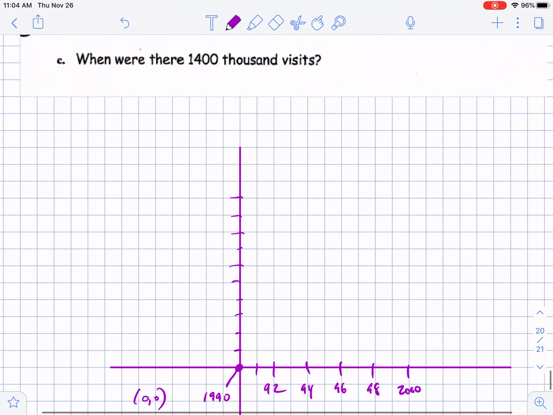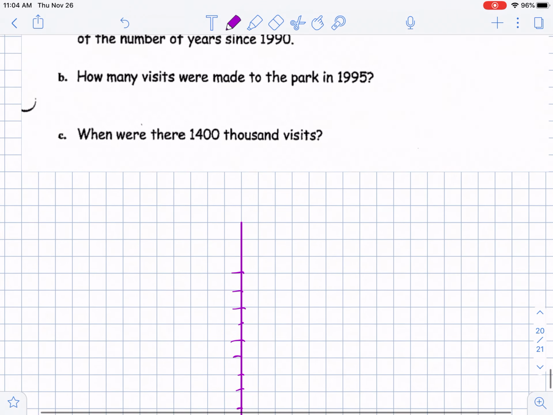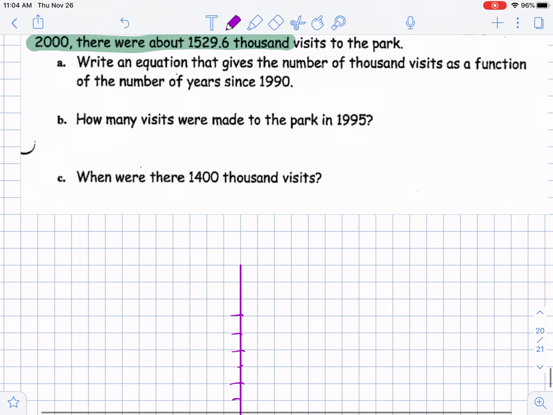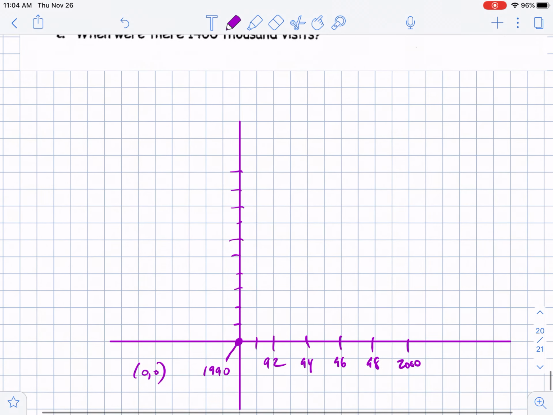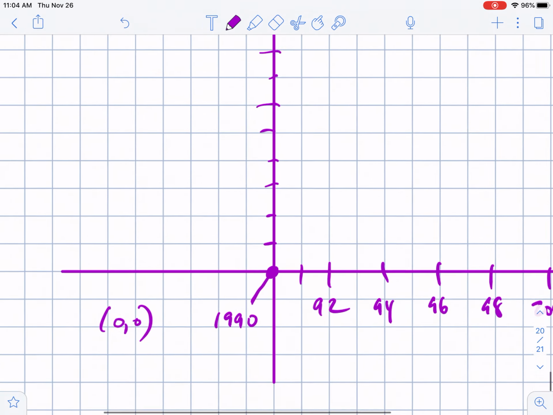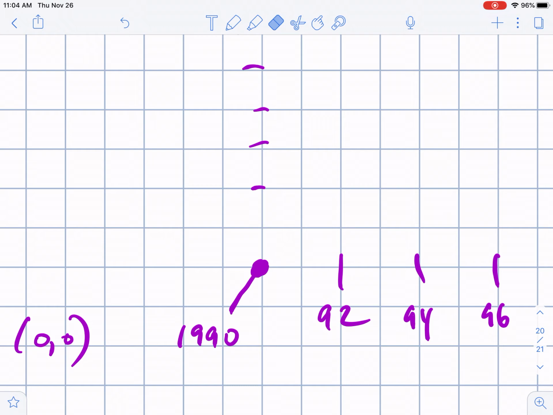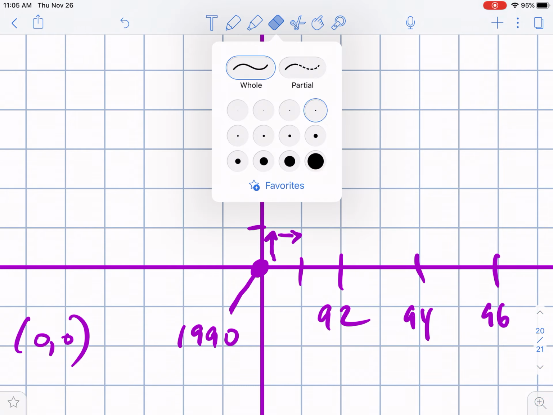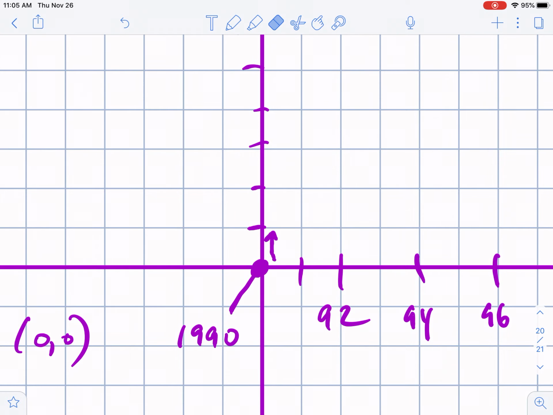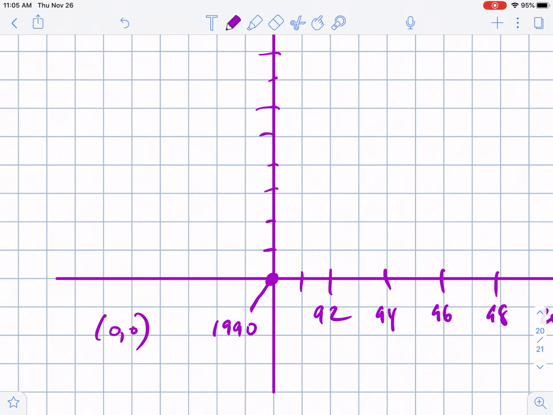Every year it goes up by 43.1, which, by the way, sounds like slope, doesn't it? Up 43.1 thousand, up 43.1 thousand, over to the right by 1 year. So it's not a 1-to-1 ratio, but it's still going to look like that.